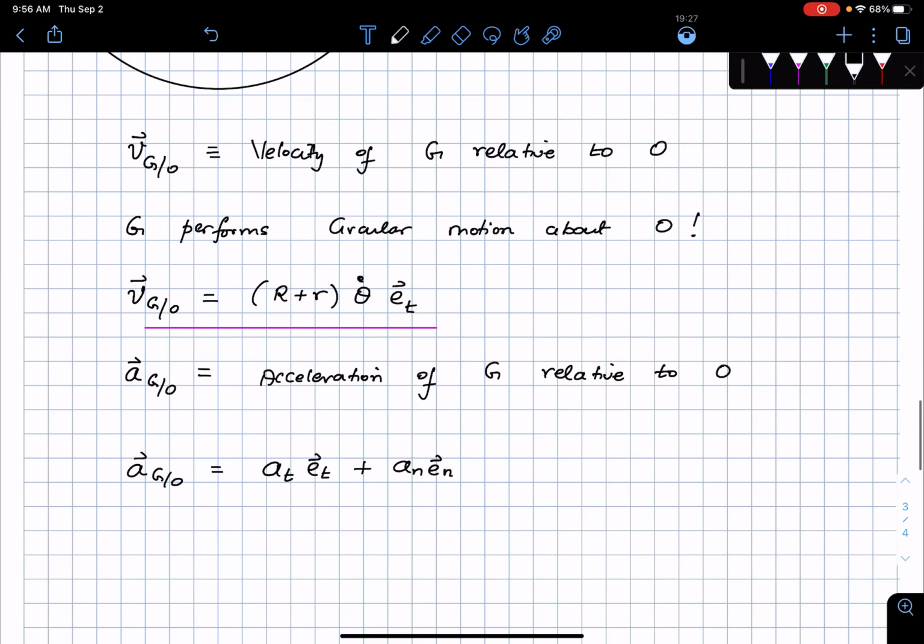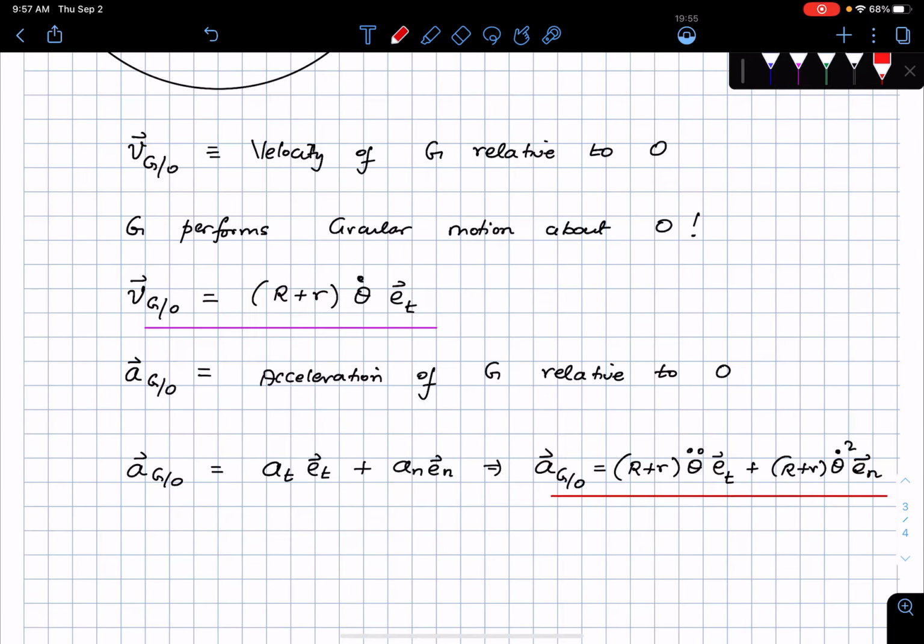This you know from basic dynamics: the acceleration in the tangential direction is going to be the length of the track, which is r plus little r, times theta double dot in the tangential direction, and then in the normal direction, which is pointing towards the center of rotation, it's going to be r plus little r times theta dot squared. So this is the acceleration.